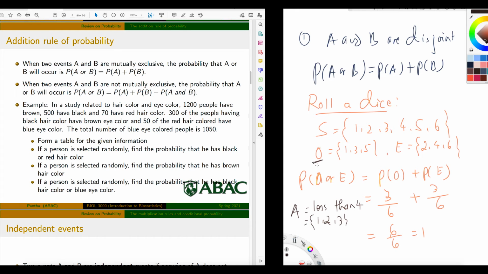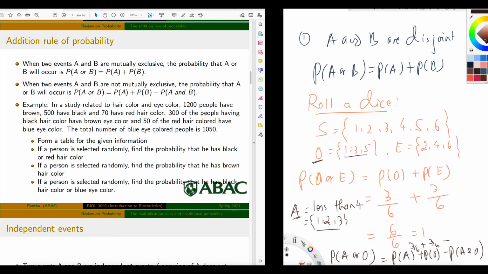If you want to find, for example, the probability of A or O, since they have common outcomes, you see that? Since they are joint, you will have to add P(A) plus P(O), and then you need to subtract the common part, P(A and O). So P(A) is 3 over 6 plus P(O) is also 3 over 6, because there are 3 outcomes, right?